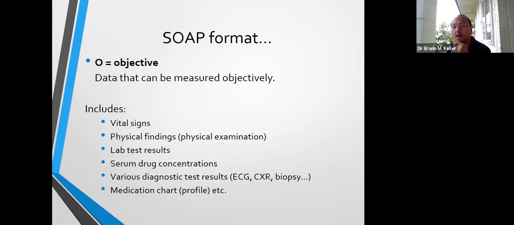And when we say objective, these are actually measured objectively, wherein you can have vital signs, physical findings, laboratory results, serum drug concentration, the ECG, the chest X-ray, the biopsy, the medication chart, the profiles, and all that are very objective.